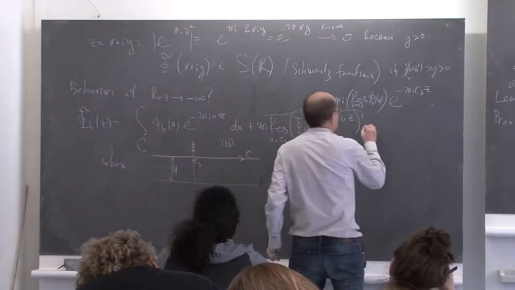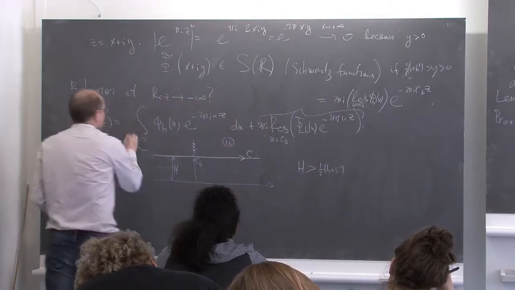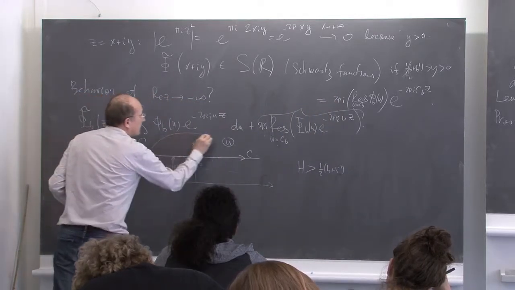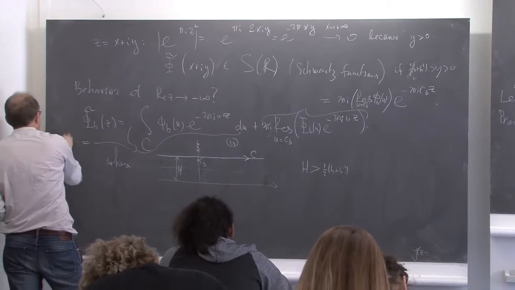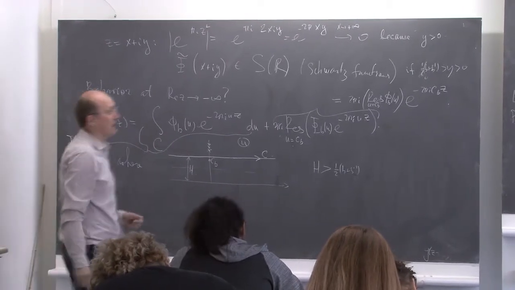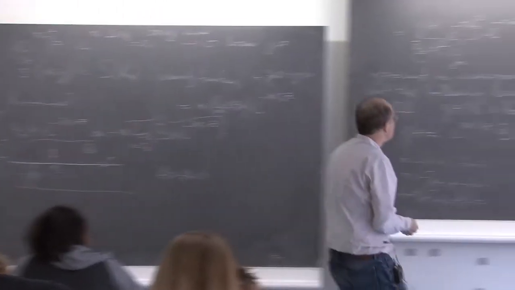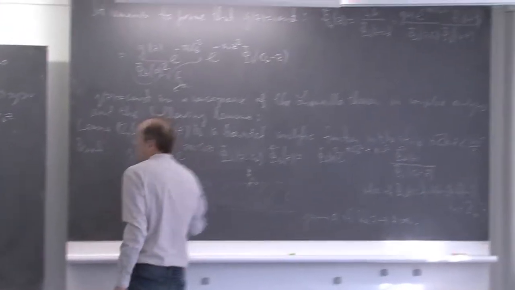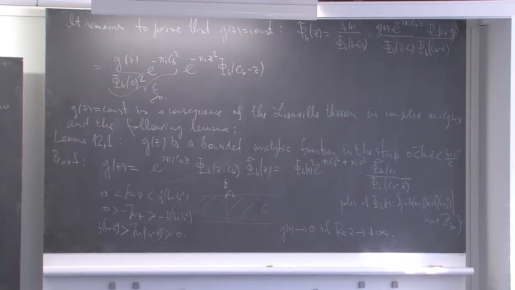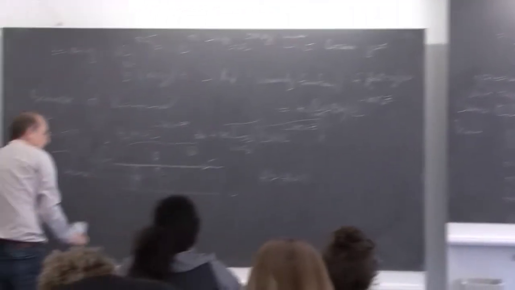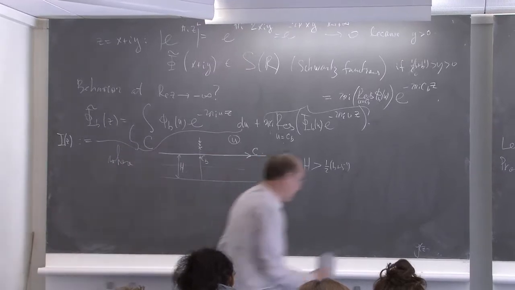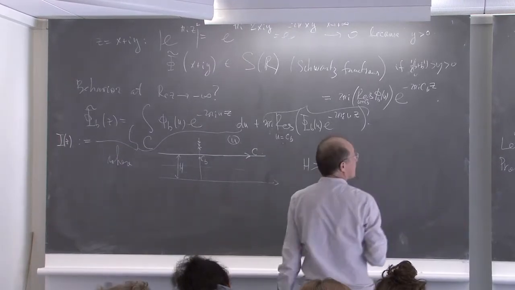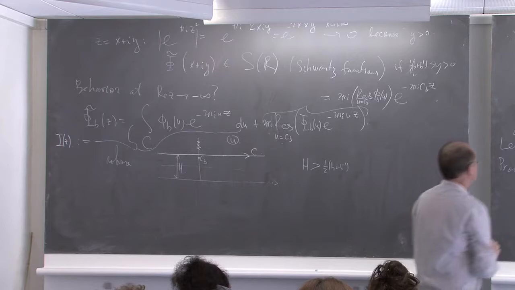So the only thing which remains is this integral. Let me define this as the integral I of z. The only thing which remains for us is to see that I of z behaves nicely, to see that g of z is bounded. Okay, let us do that now.